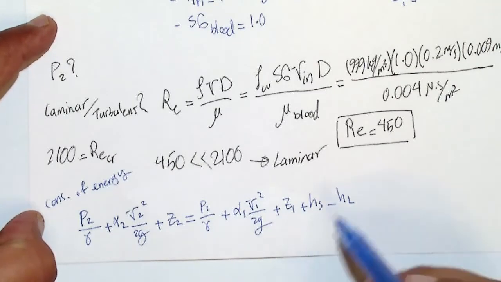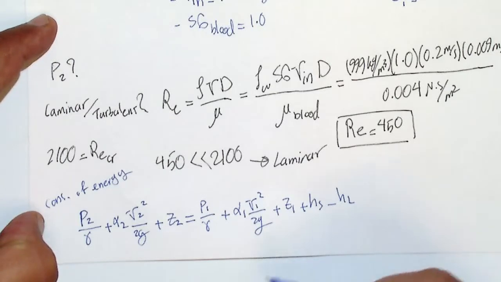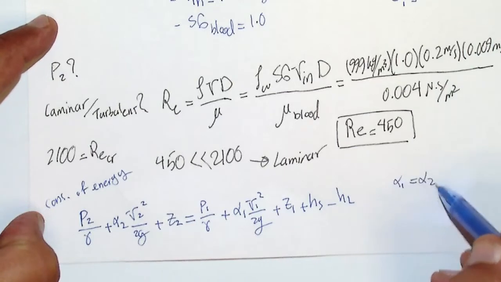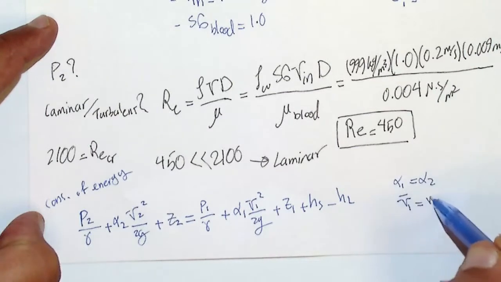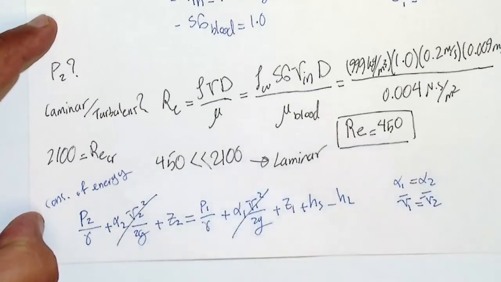But what do you know about pipe flow when the diameter doesn't change? We talked in the previous video about alpha 1 and alpha 2 being similar. Also V1 squared and V2 squared are similar, and by conservation of mass you can find that alpha 1 is equal to alpha 2 and V bar 1 is equal to V bar 2, so you can cancel out these two terms, right?